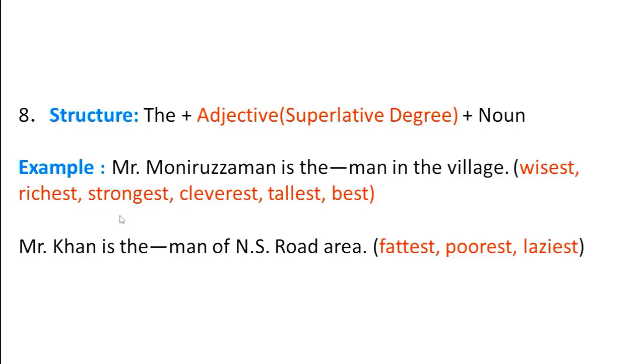Wisest, richest, strongest, cleverest, tallest, best. These can be the answer here. Then look at another example. Mr. Khan is the dash man of NS Road area. You can use here fattest, poorest, laziest, etc. Any one adjective from here can be the answer.